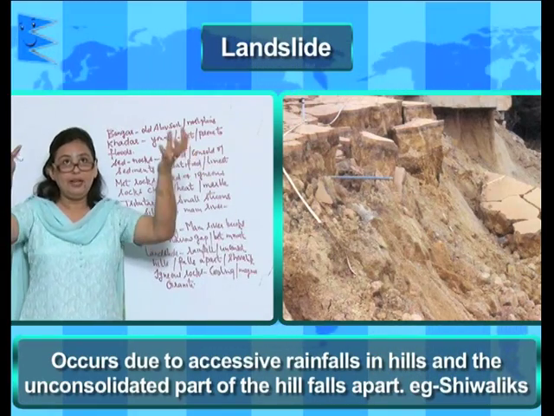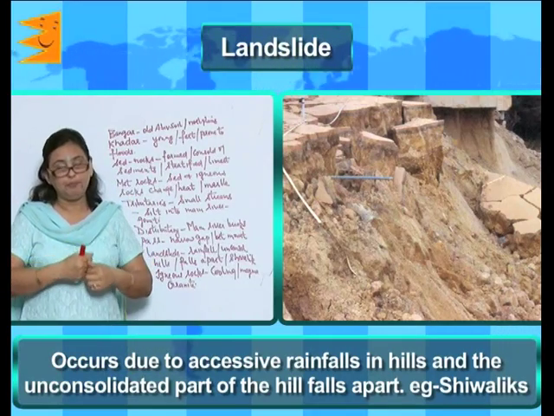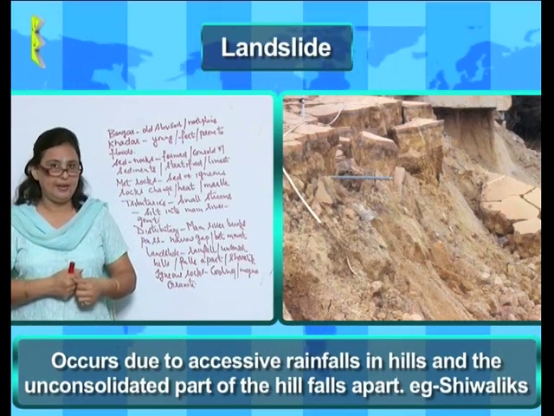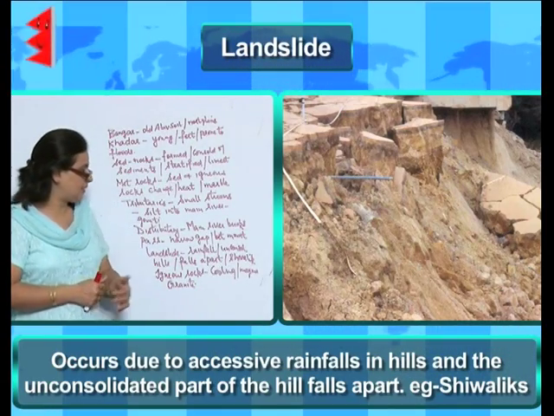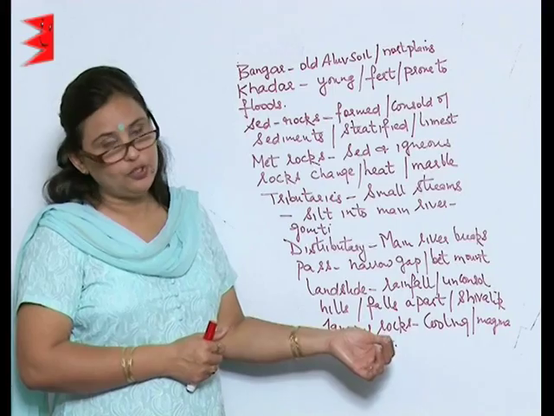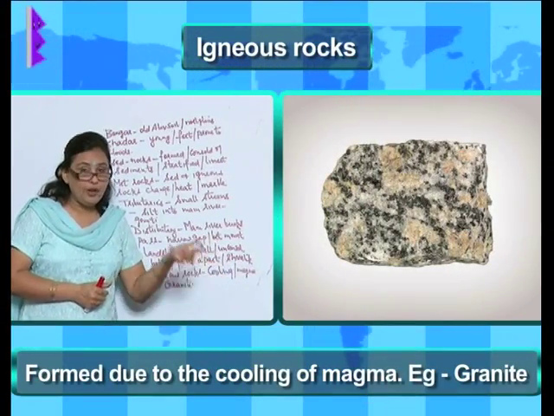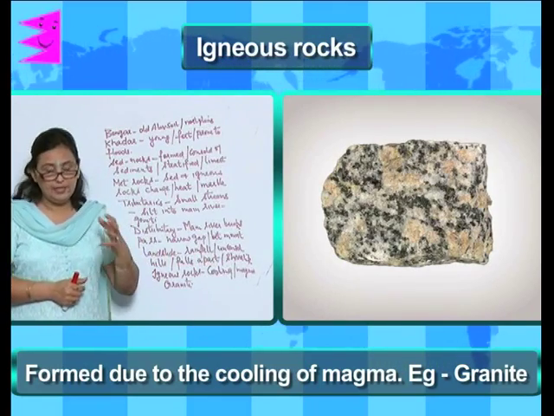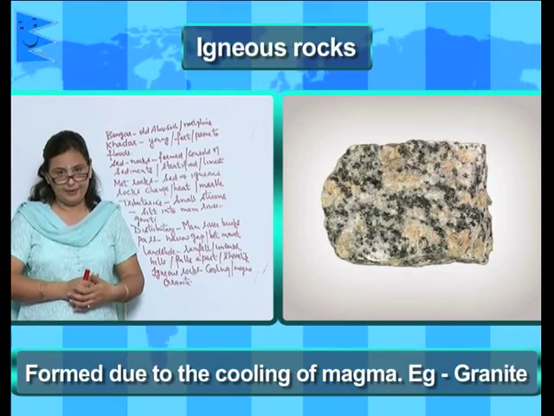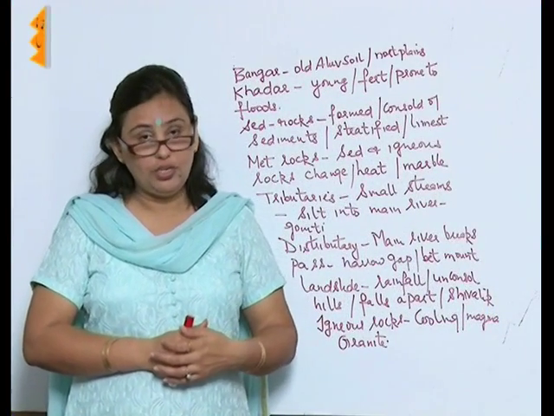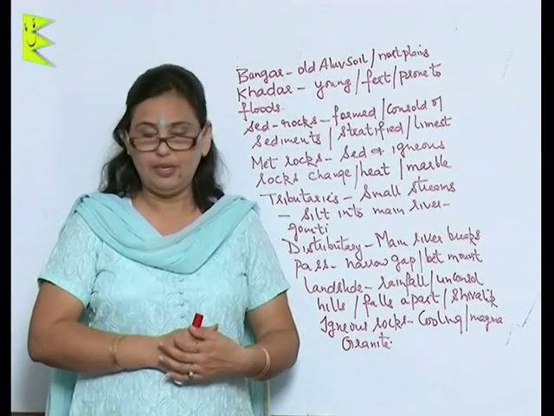That is, when it seems as if the hill is falling on you, a part of it is falling, that is the landslide, and Shivaliks are prone to landslides. Igneous rocks. Igneous rocks are formed due to the cooling of the magma, and the best example of an igneous rock is granite. I will continue with more terms and concepts, and I will also start with the chapter in the next clipping.